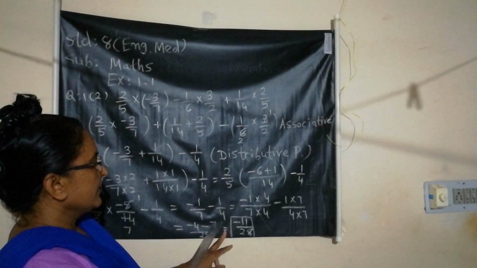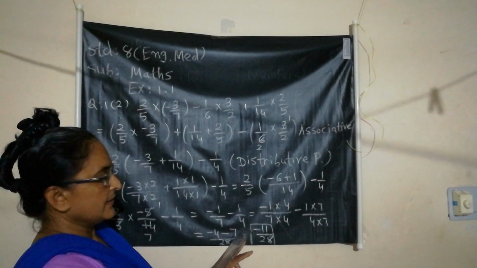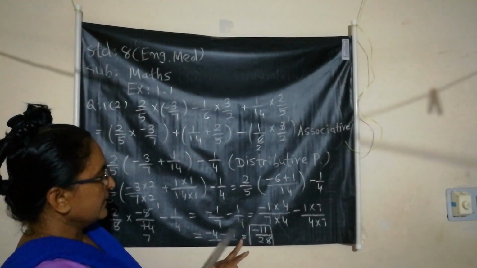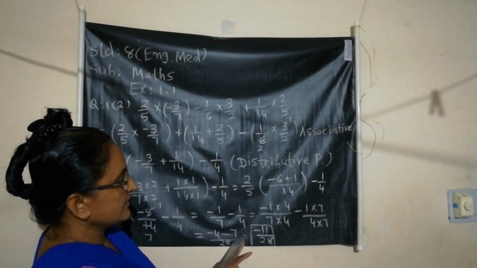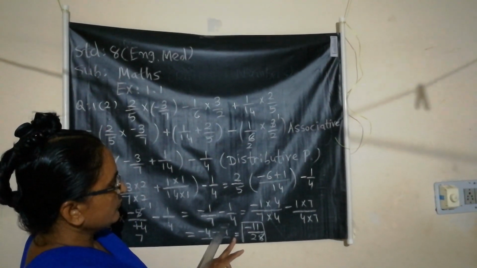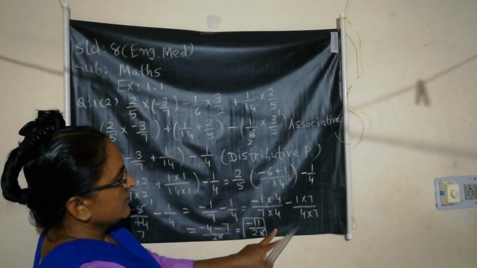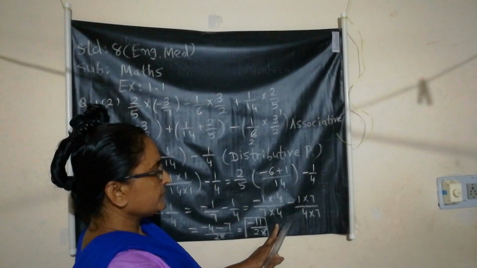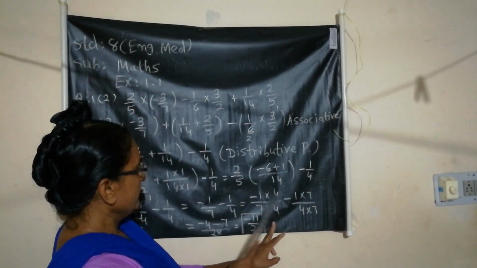Now here also the denominators are not the same. Therefore take the LCM. LCM will be 28. Therefore we have to multiply this term with 4 and this term with 7. Negative 1 into 4, 7 into 4. Negative 1 into 7, 4 into 7. Therefore the denominator will be the same. Negative 1 into 4, negative 4.